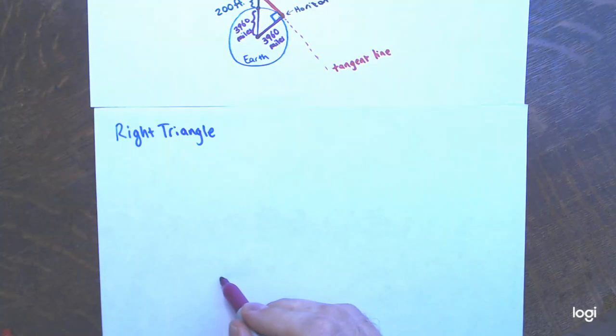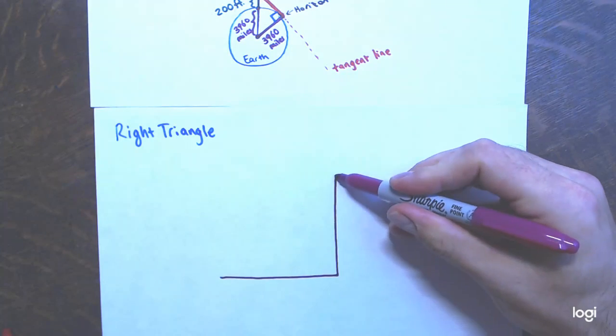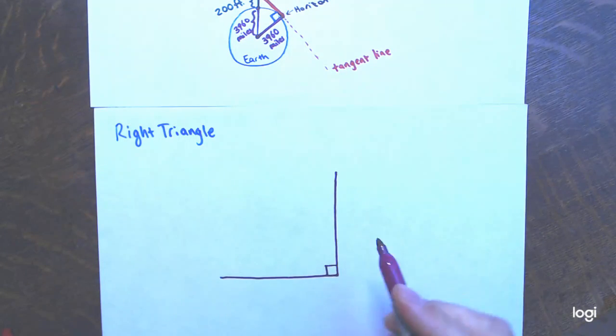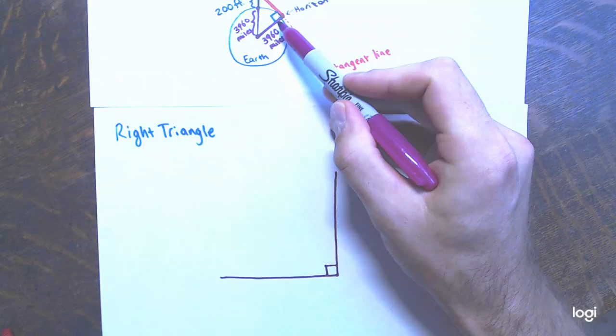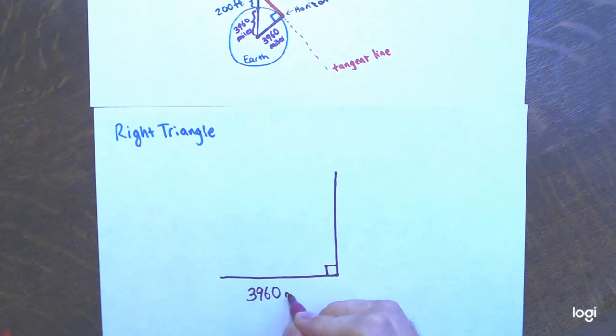So we have the 90-degree angle. One of these legs was just the radius of the Earth. So let's say this leg is the radius of the Earth. That's 3,960 miles.